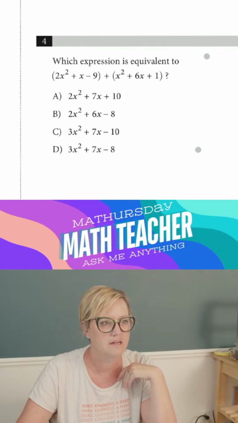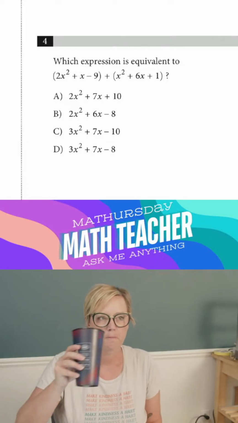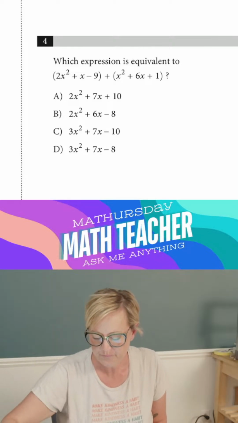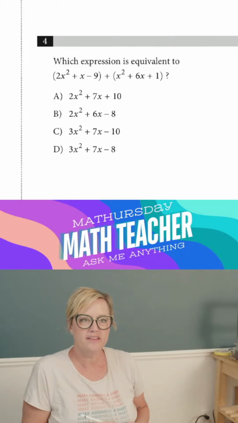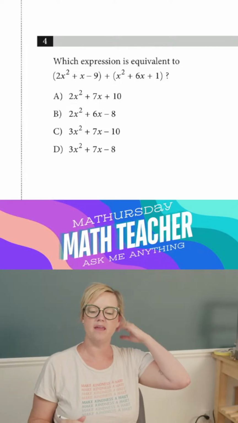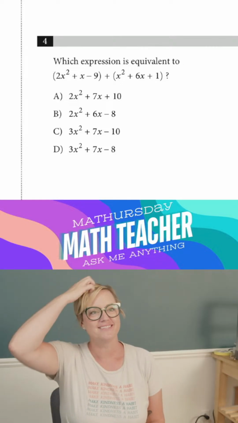All right, so we've got some equivalent expressions here. So let me know in the chat what you think about it and what your answer choice would be on this one. And we'll go over it in just a few minutes.